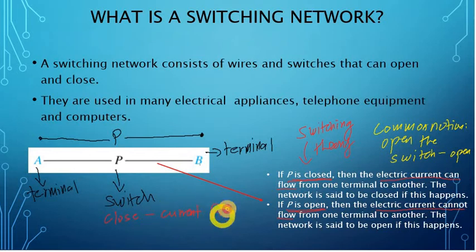Current flows, which would mean that the device, the appliance, is working. While if it's open, then current does not flow. This is what we will follow. And later on, these will be important as we determine when the entire network is open and closed.